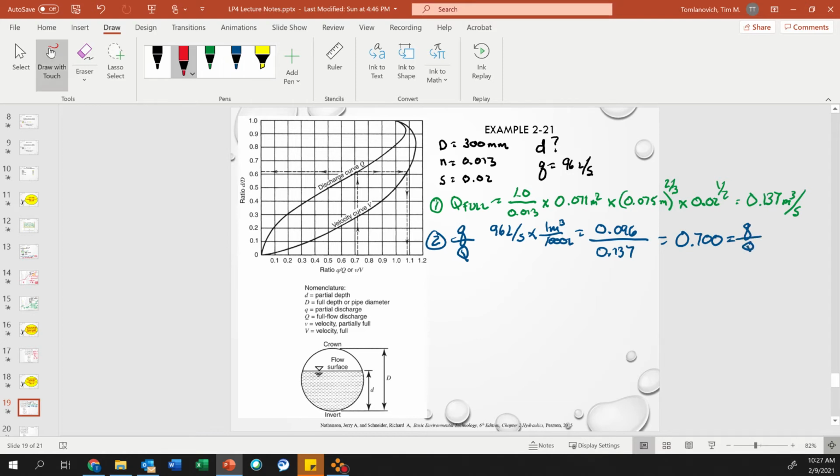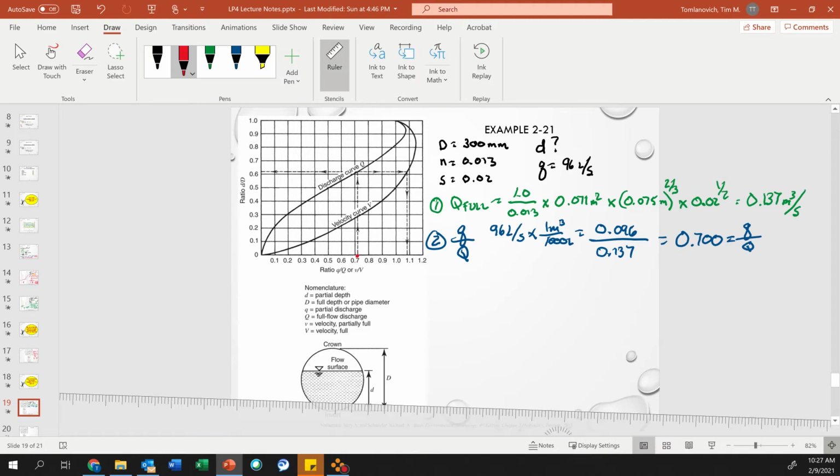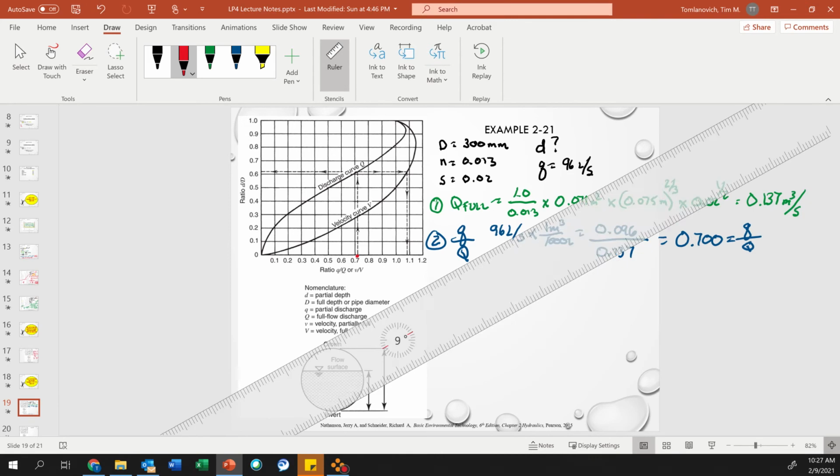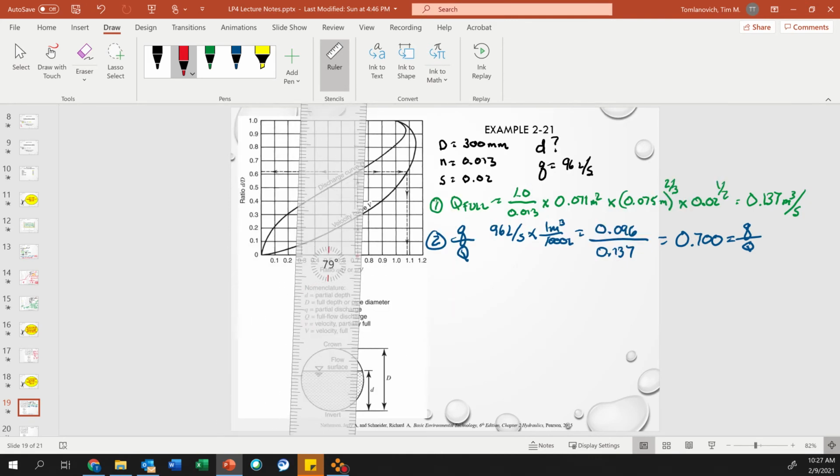Okay, so now we go find that right here. Here's 0.7. Okay, so now let's grab the ruler. So I know Q. So if I gave you a velocity, you'd have to go to the V curve, but you know Q full. Okay, so I go up to the discharge curve.